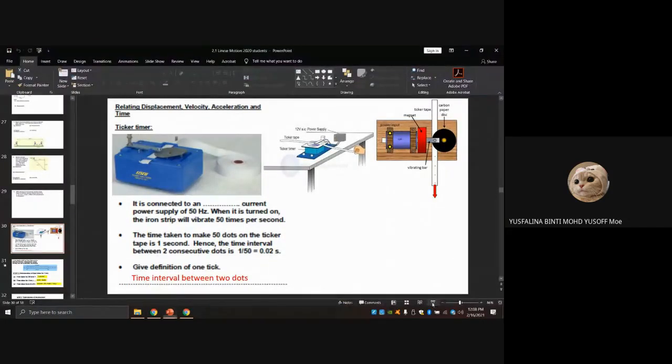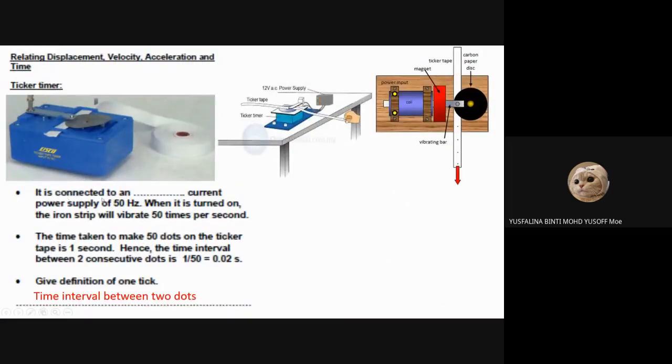It is connected to an alternating current. We don't use the direct current, we use the alternating current, a power supply of 50 hertz. When it's turned on, the iron strip will vibrate and knock the ticker tape here, so it will form a dot, dot, dot like this.